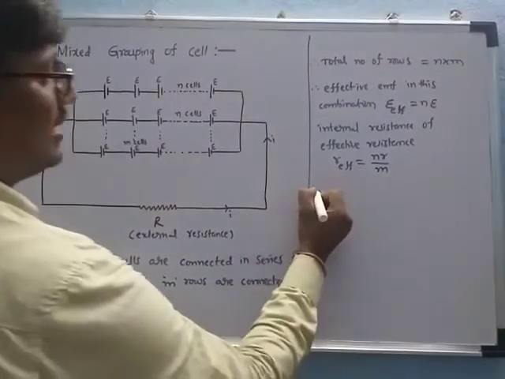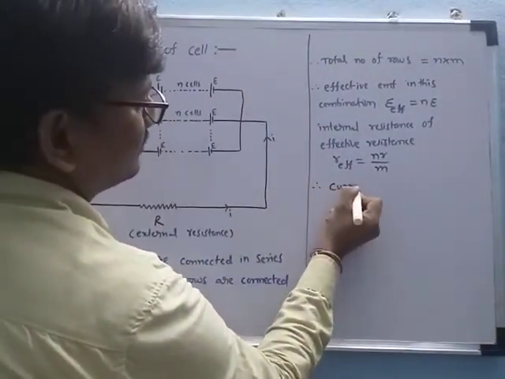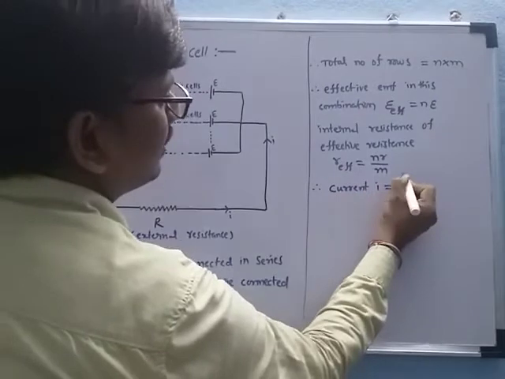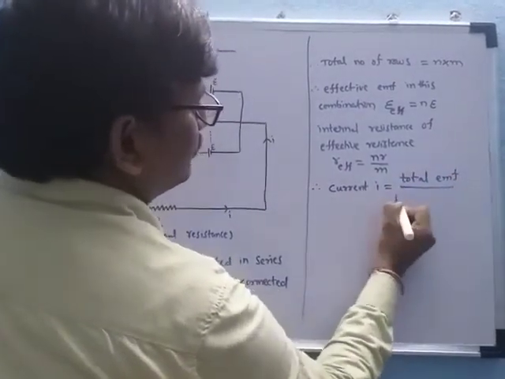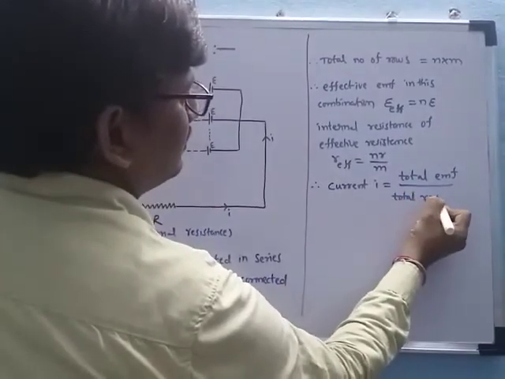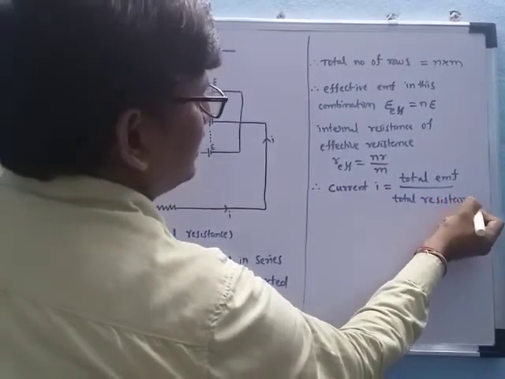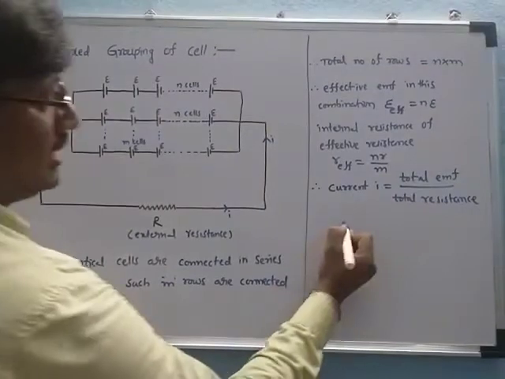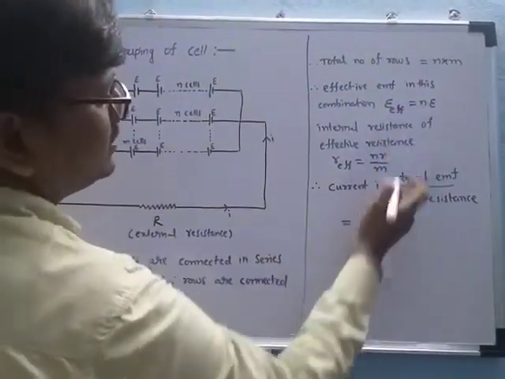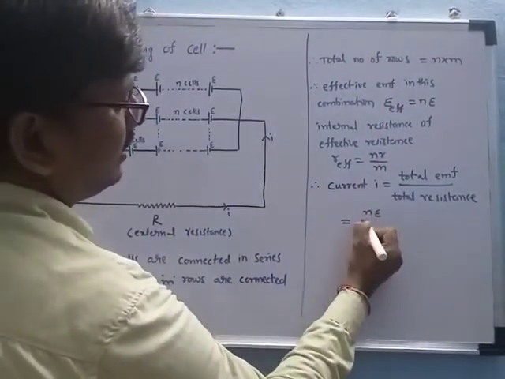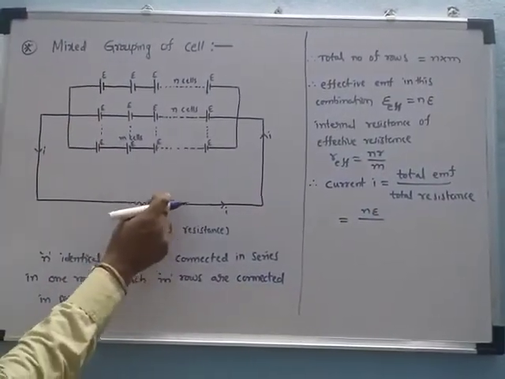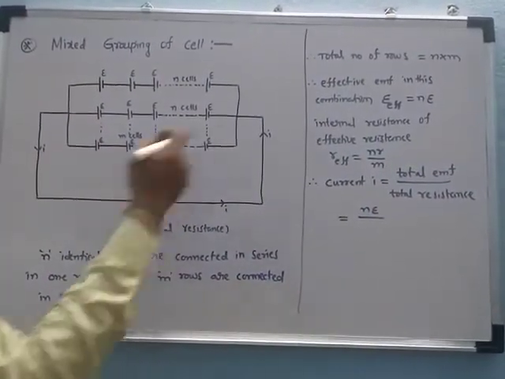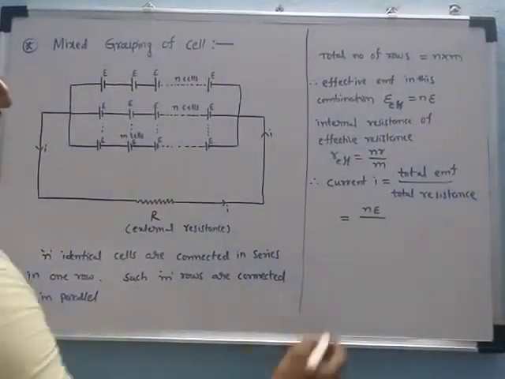Therefore, the current in a circuit is equal to total EMF by total resistance. The total EMF is n into E. The total resistance is nothing but the external resistance plus the effective internal resistance.